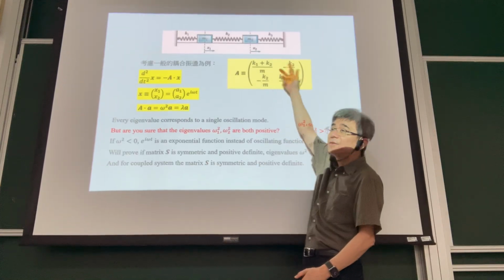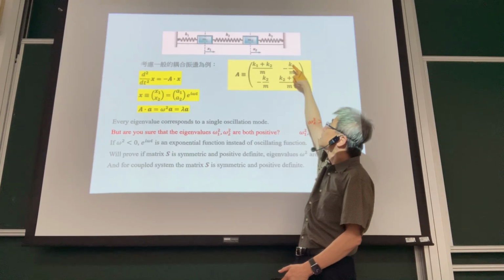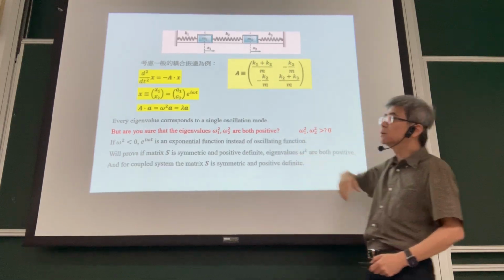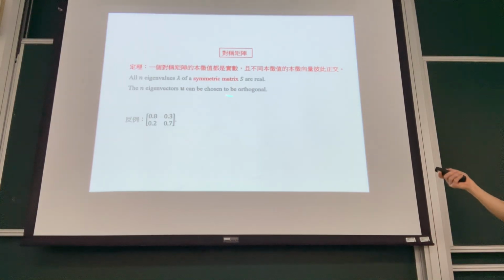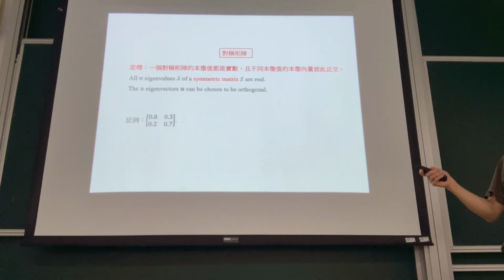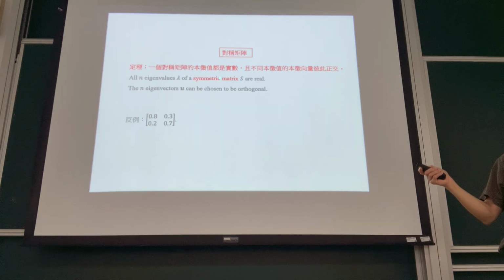If you flip this matrix, this element is equal to this element, so we call it symmetric. This property is only true for symmetric matrix. So a mathematician can prove a symmetric matrix has all n real eigenvalues.